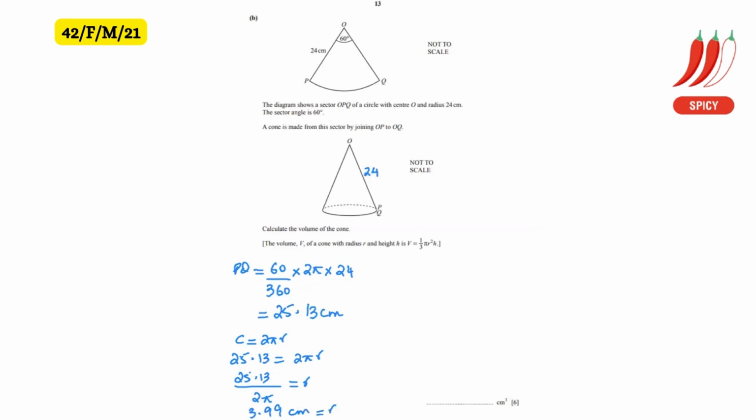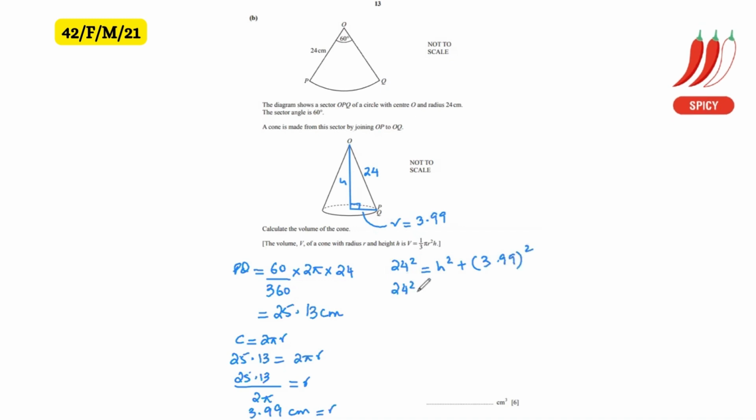Now, if we highlight the height and the radius, we can see that we have a right angle triangle. This is the height, this is the radius, which is 3.99. So using Pythagoras, we can easily find the height. So that's going to be 24 squared equals h squared plus 3.99 squared.